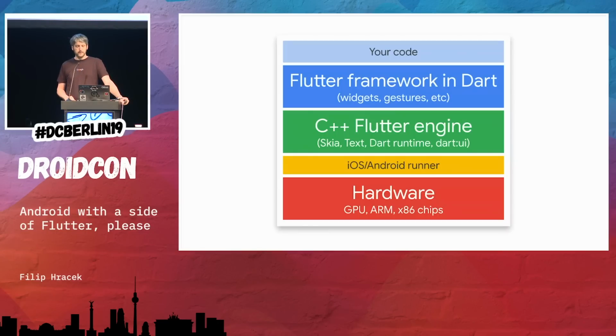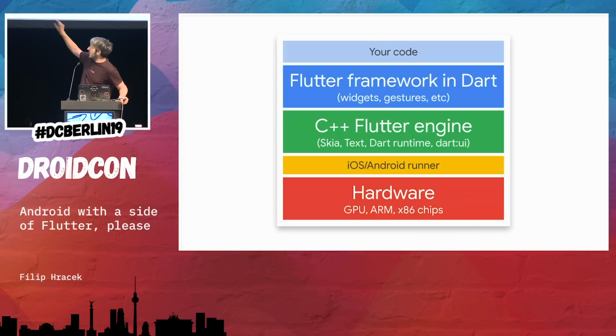Okay. So this is basically the main slide: any Flutter app, if it's only a Flutter app and not something we'll cover next, the adding to iOS or Android, is running basically straight on the hardware.